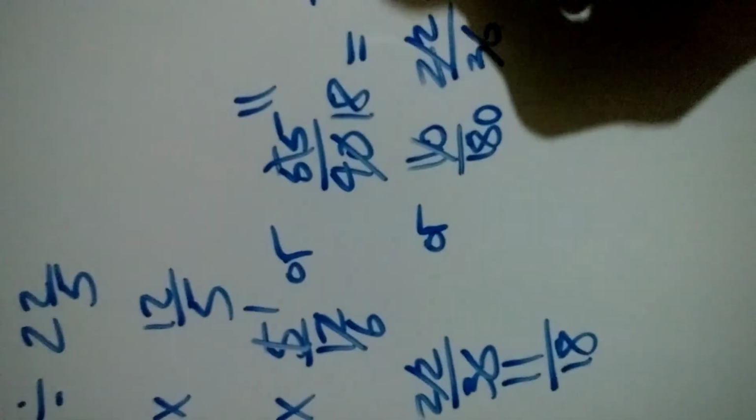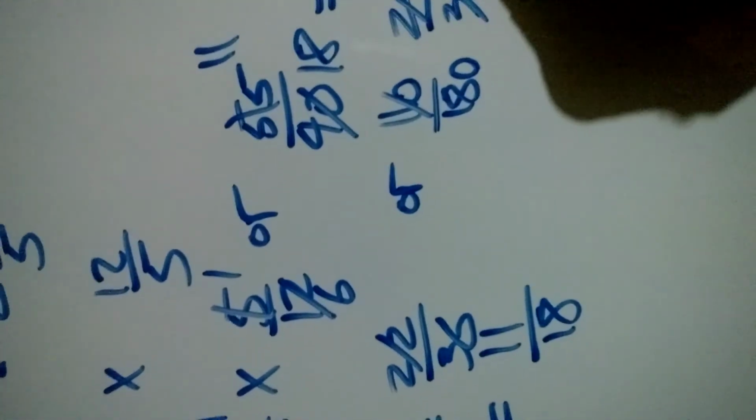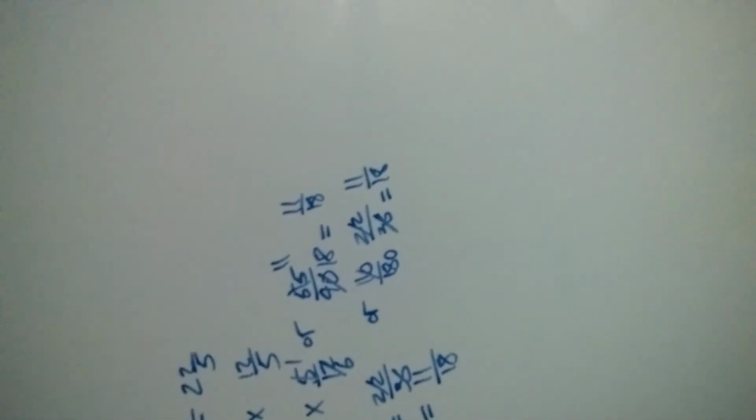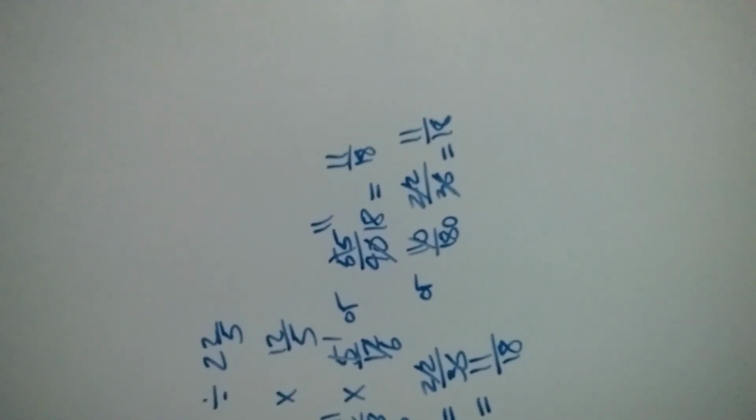So 2 into 22 gives you 11, and 2 into 36 gives you 18. So you get back your same 11 over 18, as you can see.